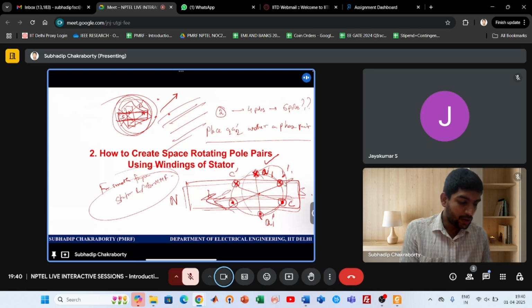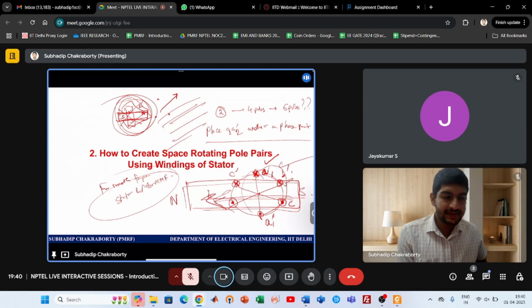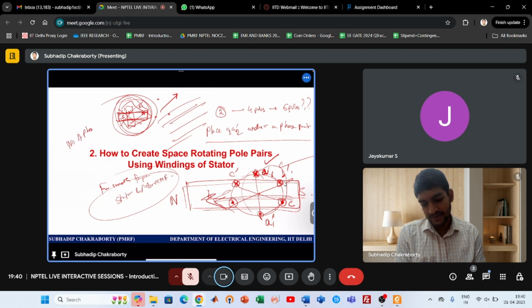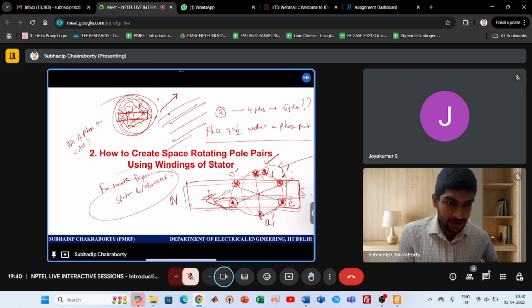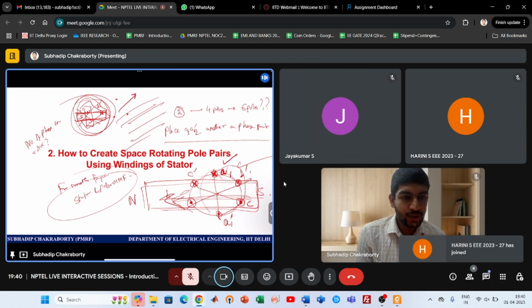And when I am talking about a three-phase system, can you tell me what is the number of phases in the rotor? Number of poles in the rotor is equal to number of poles in the stator, agreed. But what is the number of phases in the rotor? Can you please tell me?